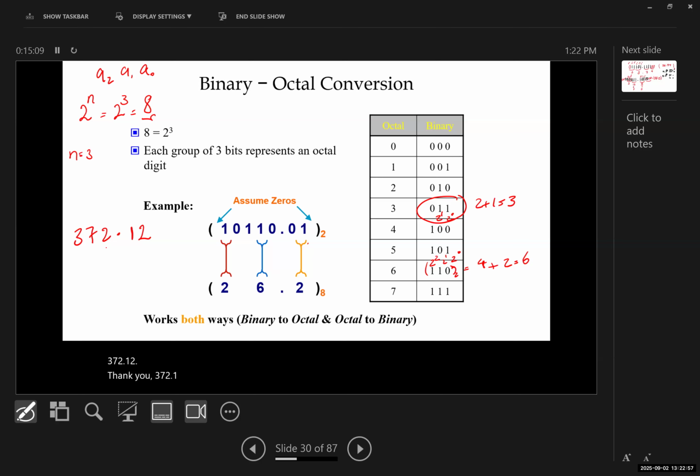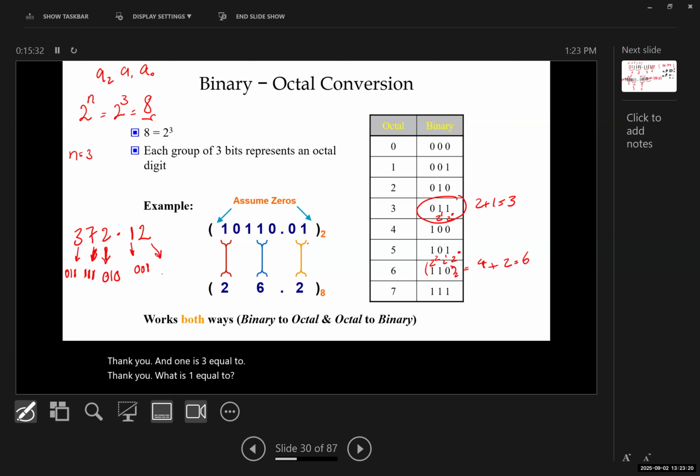372.12. So the first digit is going to be converted to 3-digit binary. So this is going to be 0, 1, 0. What is 7 equal to in binary? Thank you. And what is 3 equal to? 0, 1, 1. Thank you. What is 1 equal to? 0, 0, 1.